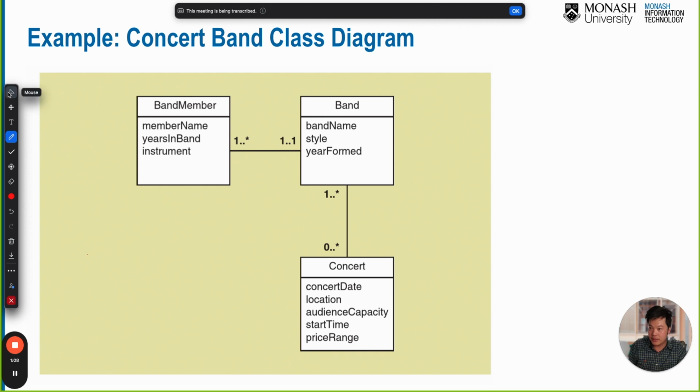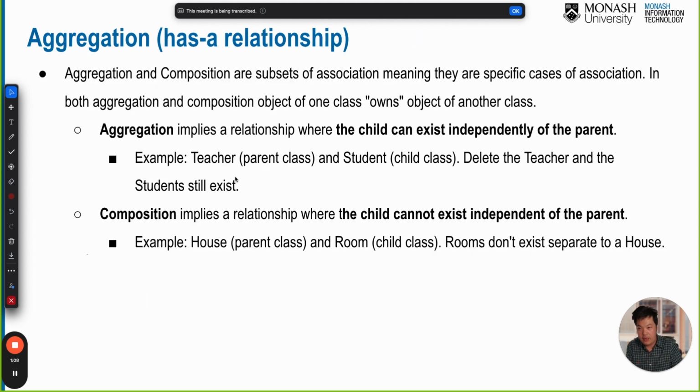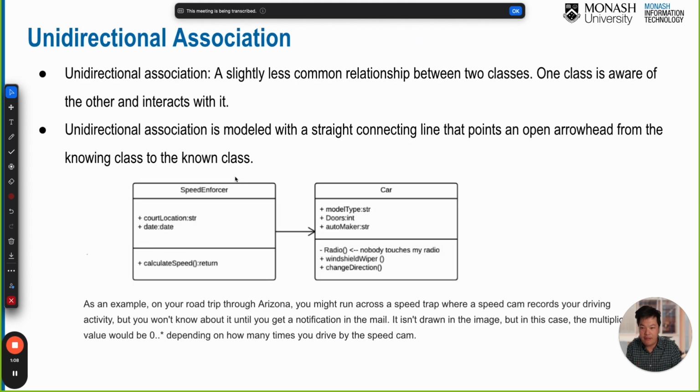All right, next. Next is the unique directional association. It is less common. One class is aware of the other and interacts with it.